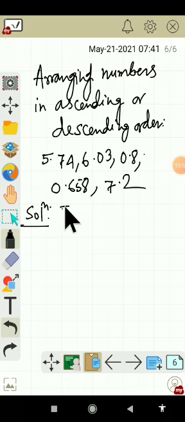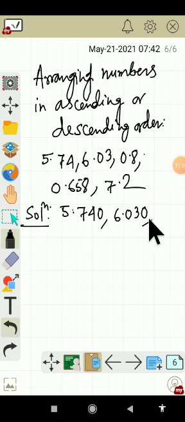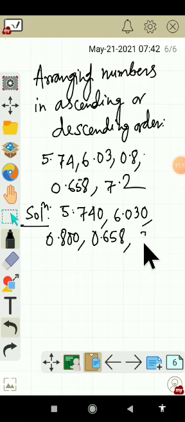Make them like decimals: 5.740, because the highest number of digits after the decimal point is 3, so we have to make all of them 3 digits after the decimal point. 6.030, 0.800, 0.658 and 7.200. Now check all the numbers and see which whole part is bigger.